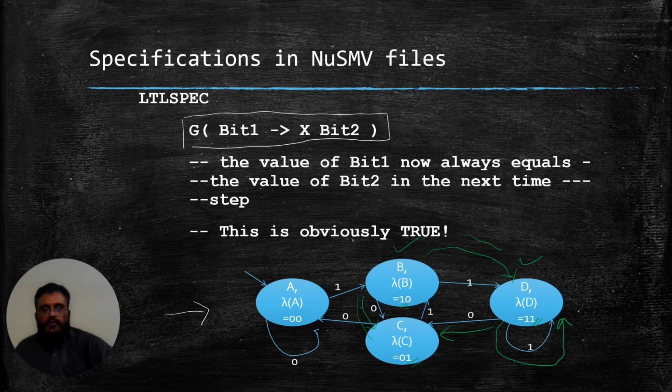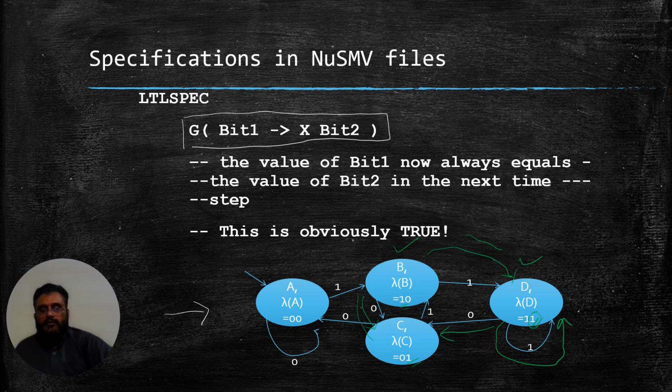It means if we follow the outgoing paths from state B, either for the state transition for 1 or the transition for 0, in both cases bit 2 on the next state is true, both on state C and on state D. Similarly, if we follow the paths outgoing from state D, the first transition, which is for the symbol 1, comes back to the same state D, and here you can see that bit 2 is true.